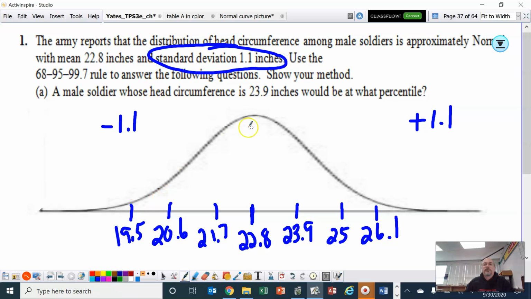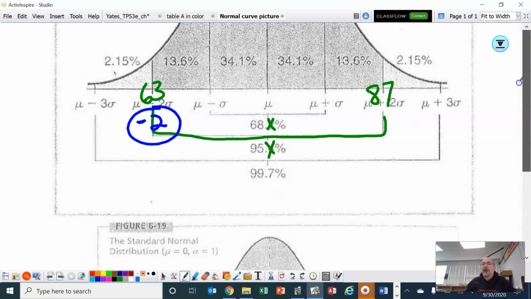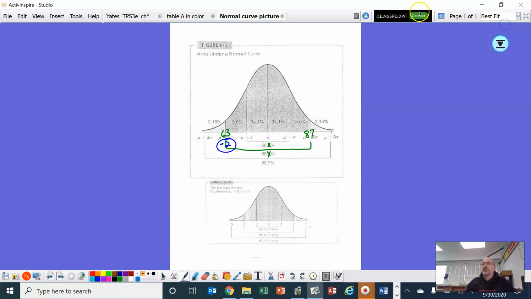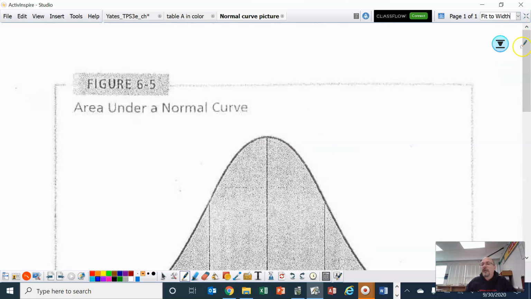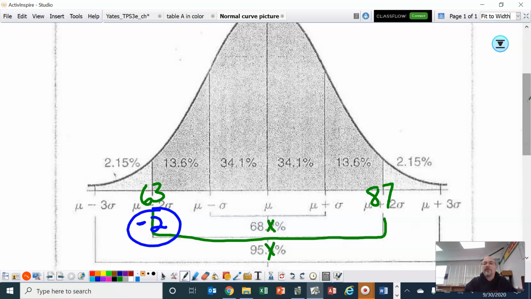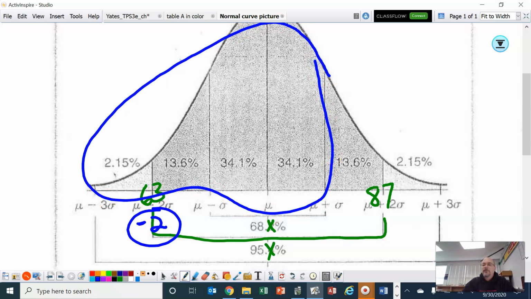All right. So a male soldier whose head circumference is 23.9 would be at what percentile? Okay, folks, well, that's one above, right? So looking at my table here, let me fix this because it did something weird. There we go. Okay, looking at one above, that would be all of this, right?